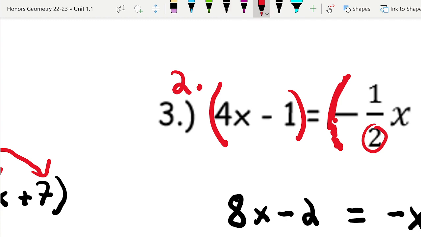We can collect our like terms. I'm going to do that by adding x to both sides. So now I've got 9x minus 2 equal to negative 1.